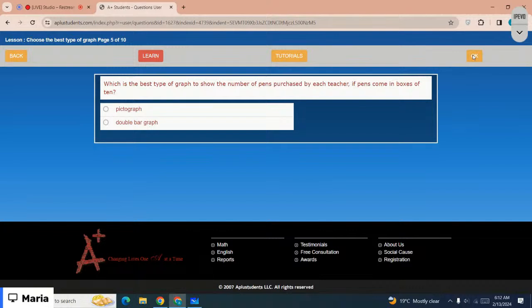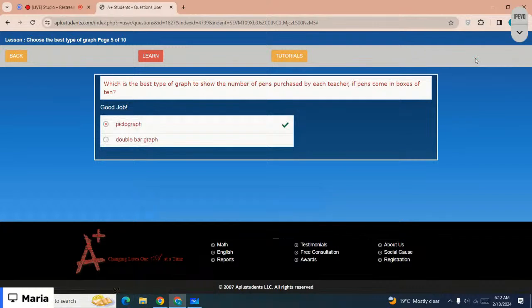So which is the correct option? That is pictograph, right? The correct option is pictograph.